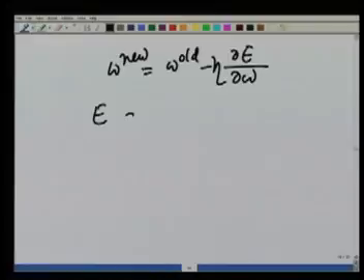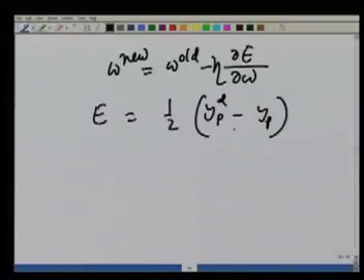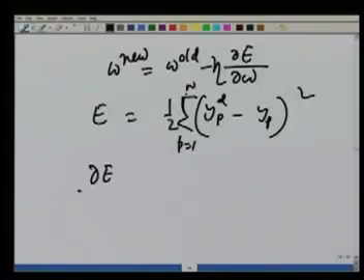Given E is half the sum of (yd_p minus y_p) whole squared, p equal to 1 to n. Obviously, I will compute del E by del W_i, with index i because this is a vector.